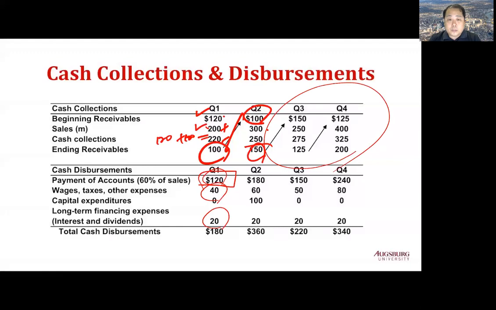So total cash disbursement is 120 plus 40 plus 20 equals $180 million. Same way, for quarters 2, 3, 4, we need to disburse 360, 220, 340 million each quarter. Note that in quarter 2, we have a one-time capital expenditure.